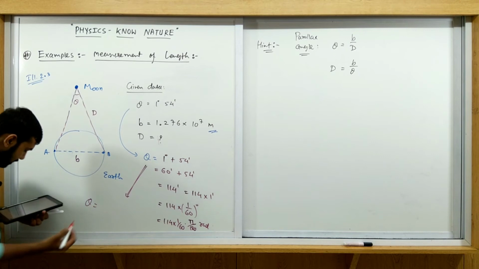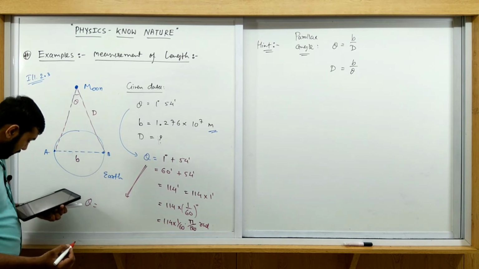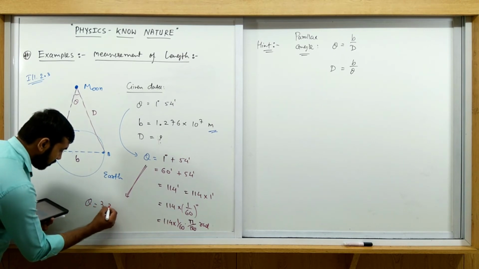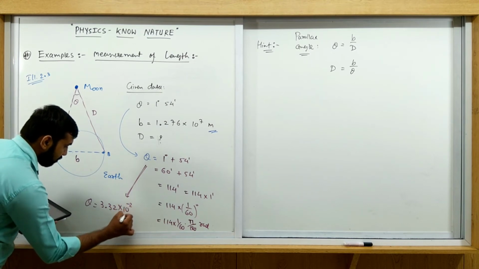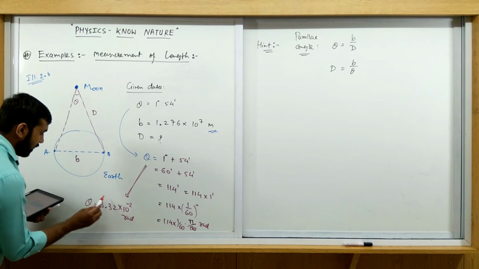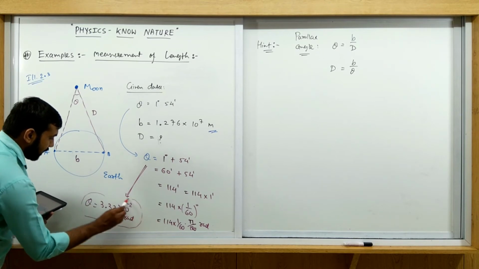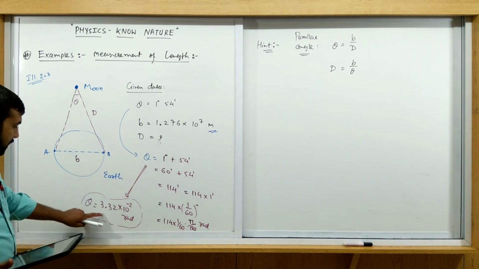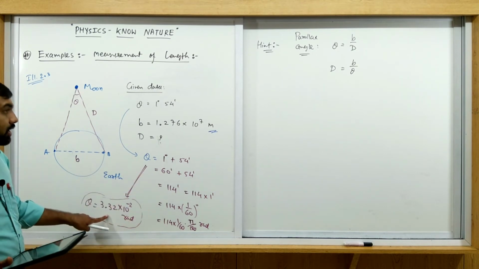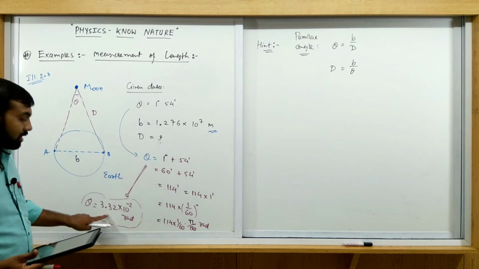See, theta is equal to 3.32 into 10 raised to minus 2 radian, and actually we want this answer in radian. So first you convert this value here. Now B is known, theta is known.